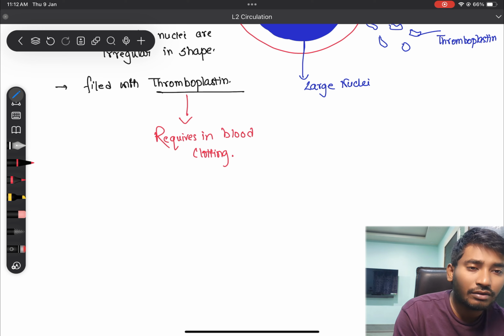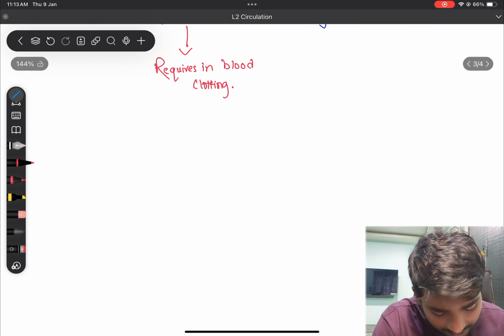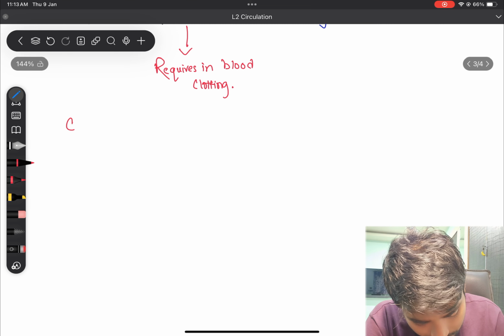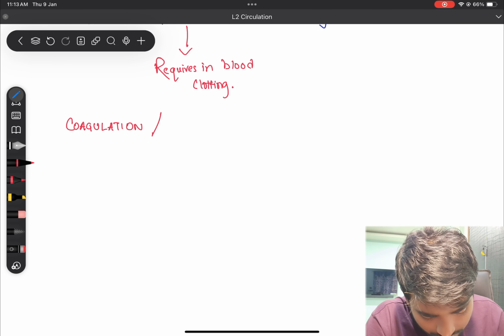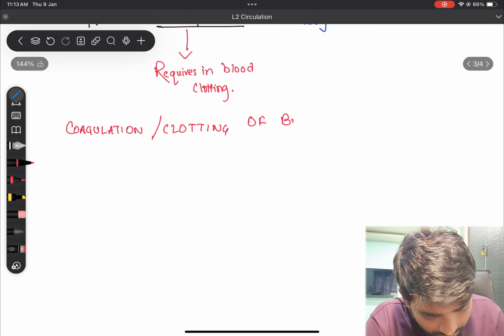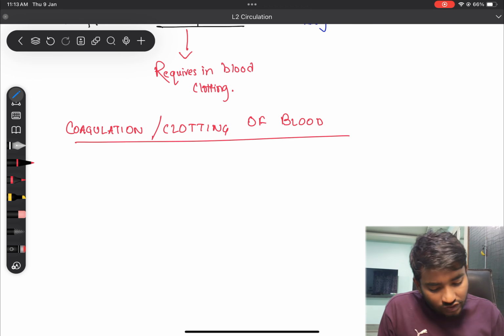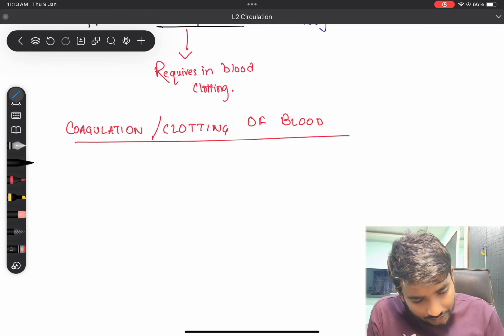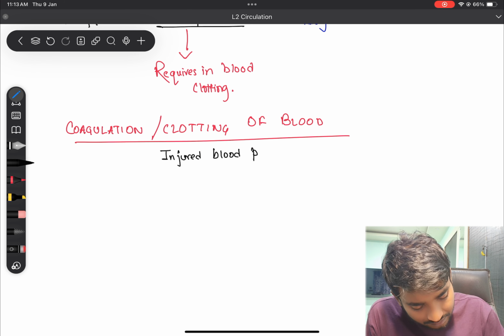Now the clotting, the coagulation of blood. So in case of any injury, the injured blood produces thromboplastin.